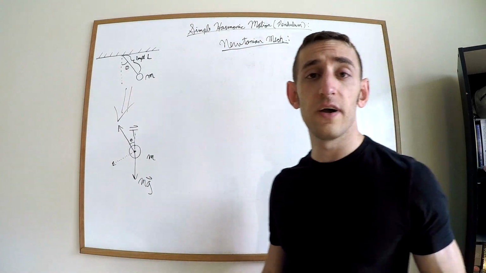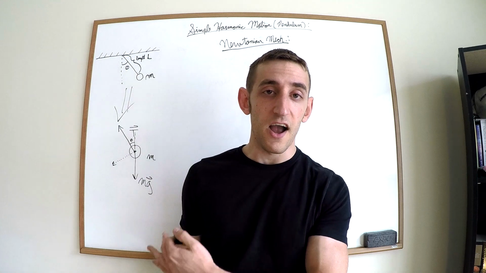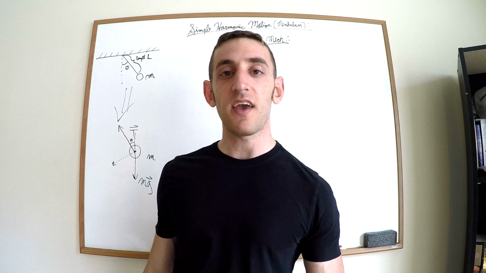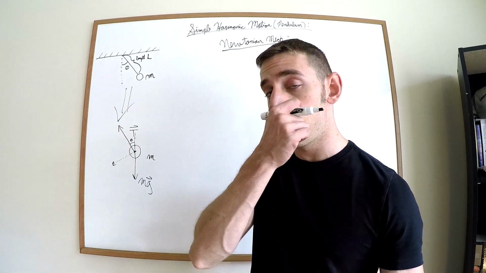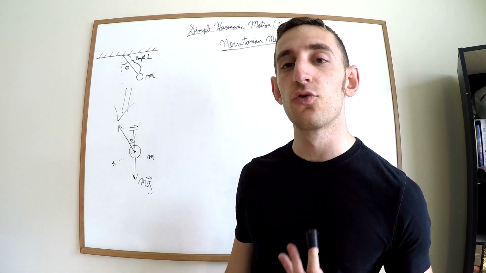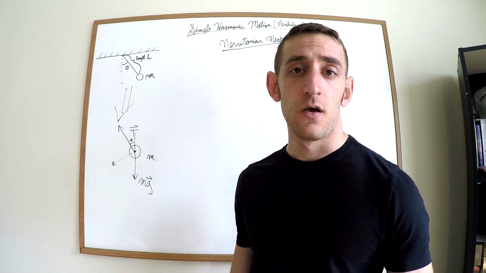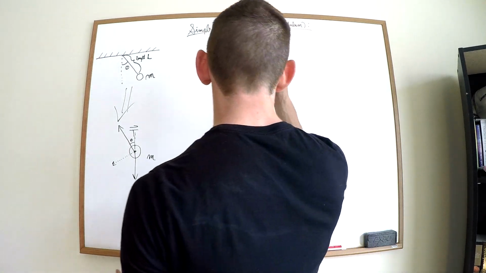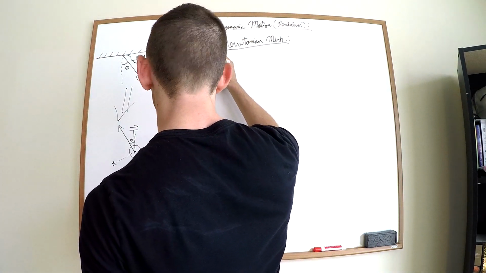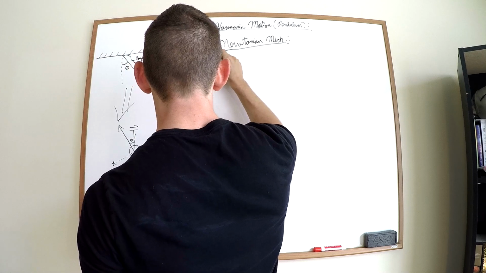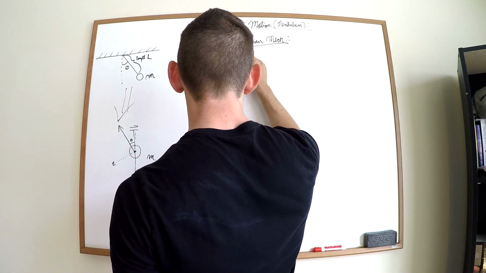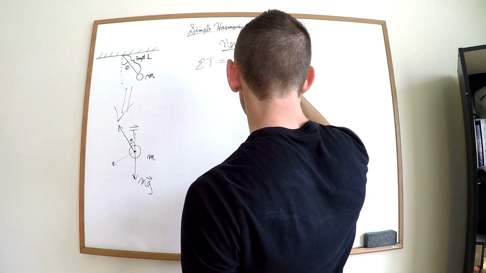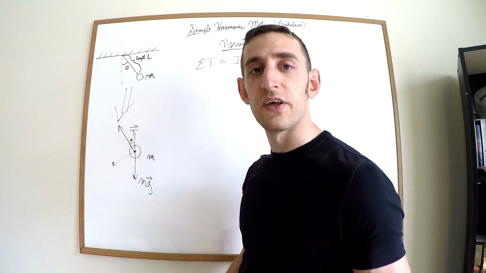Now, what we want to do is apply our laws of physics. Newton's second law. In this case, it's actually easier to consider torques, moments acting on this system. So that's what I'm going to use. We know from Newtonian mechanics that the sum of the torques has to be equal to I, the moment of inertia, times alpha, which is just the second derivative of theta.